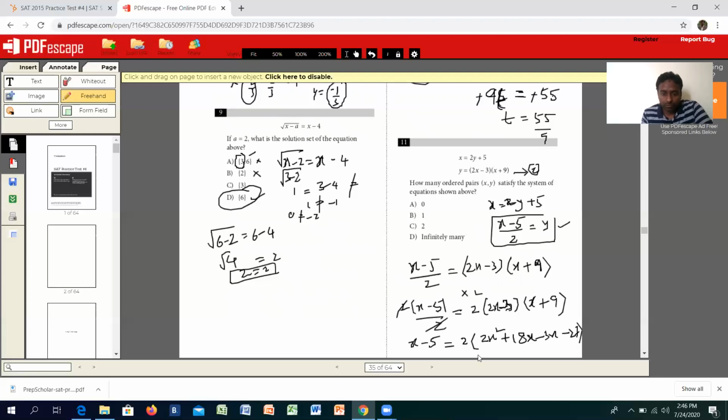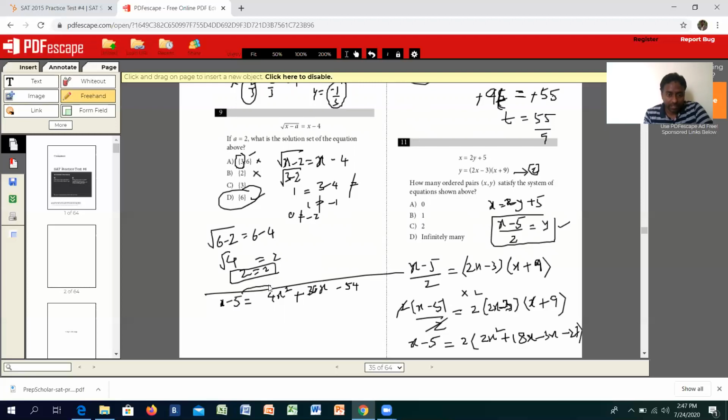So 2 times 2 is 4x square. I'm going to shift it to the other side and write it over here: 4x square plus this 18 minus 3 is 15, 15 times 2 will give me 30x minus 27 times 2, which is nothing but 54. And then what are we going to do? We have here x minus 5.